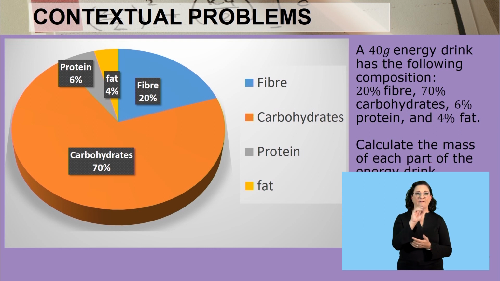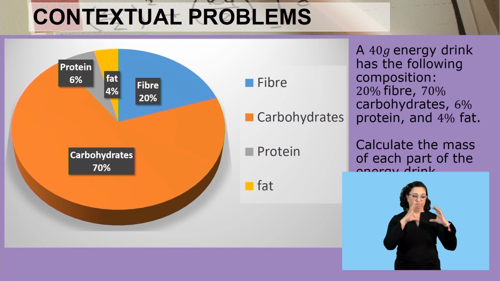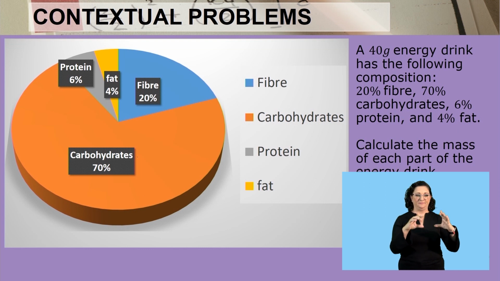Calculate the mass of each part of the energy drink. Now, let's look at this pie chart to make it make sense. We've got the bigger part as carbohydrates that carries 70%. We've got fiber that carries 20%, and you've got protein that carries 6%, and finally your fat is 4%.